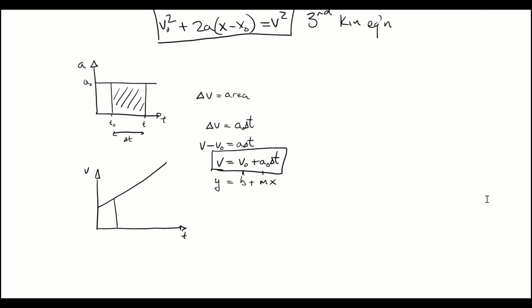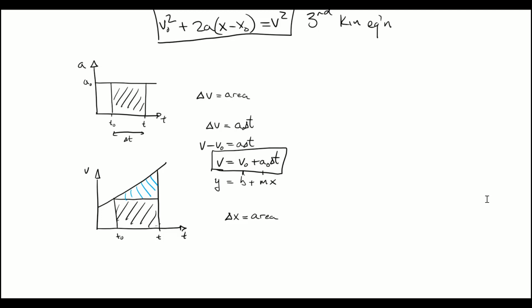If I wanted to go between t naught and some later time t, again, I know that my change in position is equal to that area under the curve. So what is the area underneath that curve? Well, if I wanted to do this geometrically, I could cut this into two different shapes: this underlying rectangle here, and then I'll switch colors and do this triangle up here.